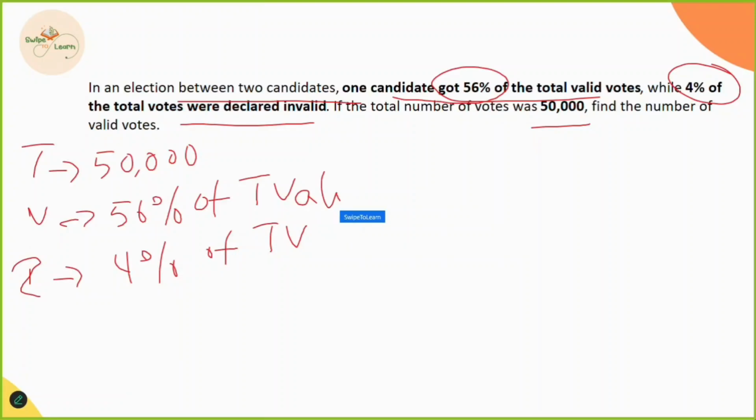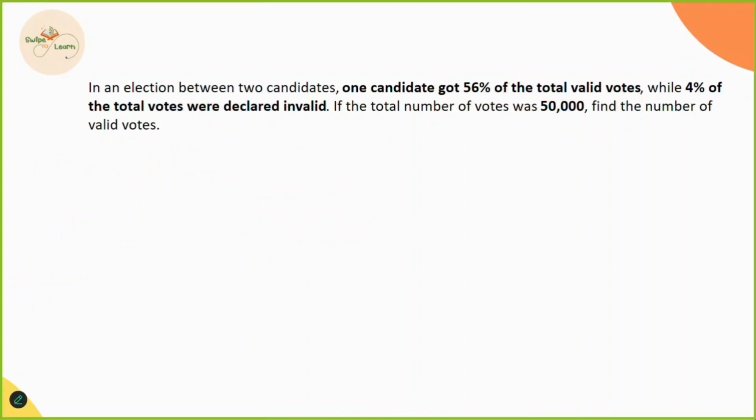This is total valid votes and this is the total votes. Now we have to calculate the number of valid votes. Okay, so we'll be using a compound formula here. Total votes are 50,000 and we know that invalid votes are 4% of total votes, and valid votes we have to find out.